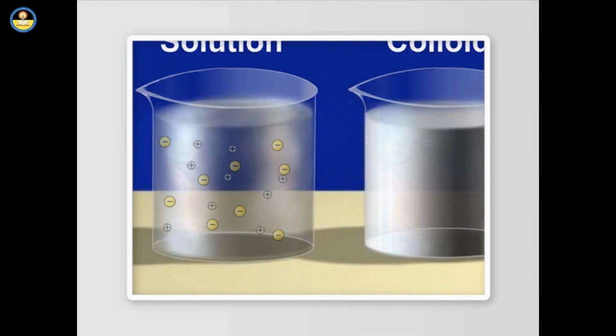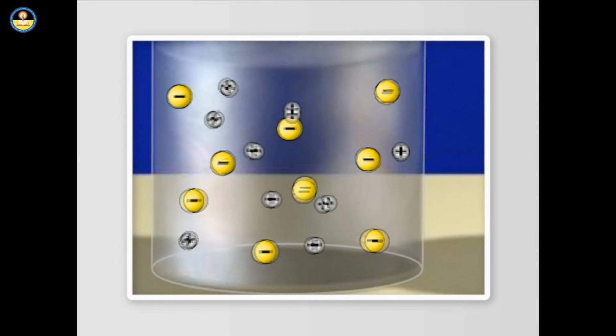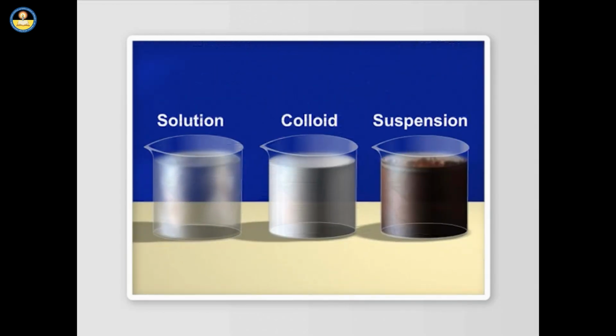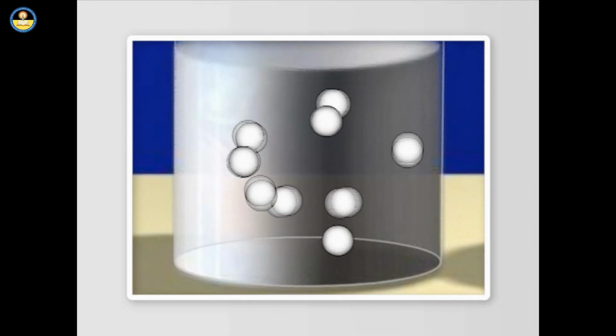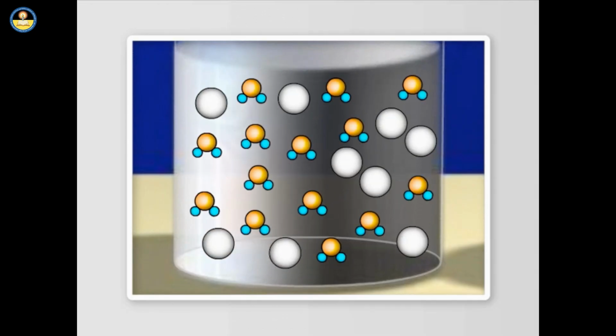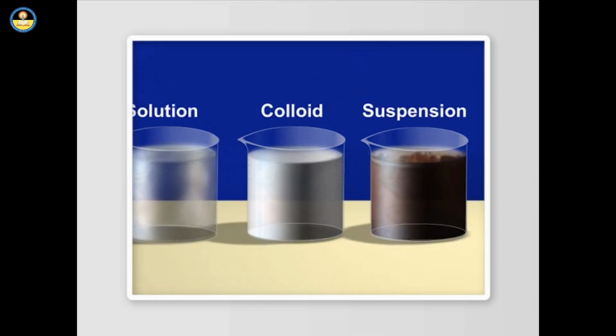From the activities performed, we conclude that the size of the particles in true solutions is too small to be visible. The size of particles in colloids is also small, but bigger than particles of true solution. The colloidal particles are big enough to scatter the beam of light.